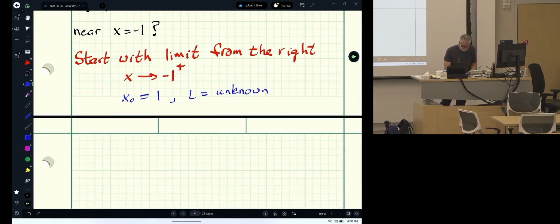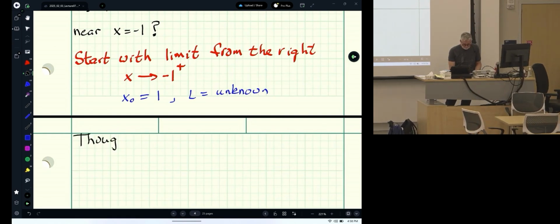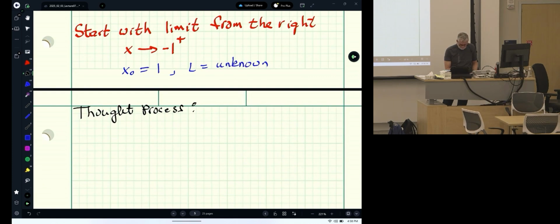So let's go through the thought process. Okay, so examine f of x0 plus h for h greater than 0, h small.